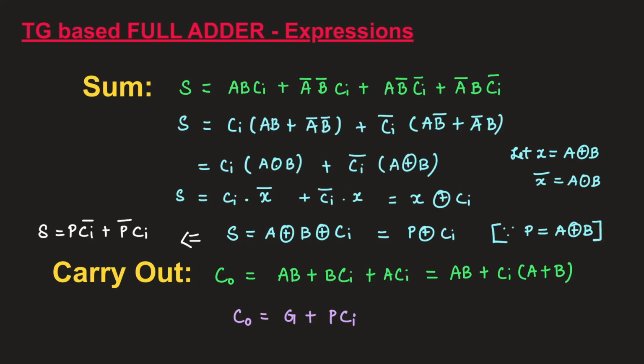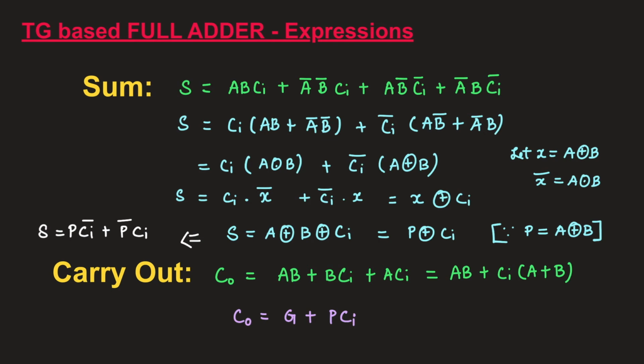So I have either the complement Ci bar here or the complement P bar here. So for implementation of TG, I need complementary signals, because I have to place two TGs in series. For that, I need control signals which have to be complementary. But here I don't find such expressions in terms of complementary signals.